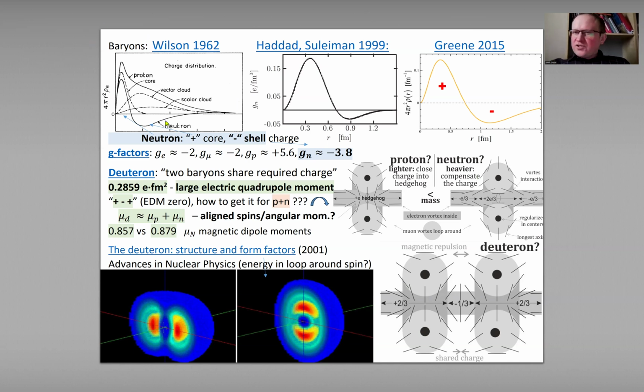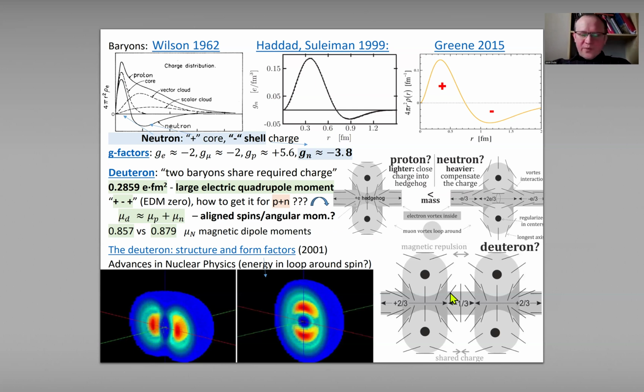Asking for the charge distribution inside baryons, here are some three articles claiming that the neutron has a positive core and a negative shell. Indeed, neutron has a positive core, negative shell, and indeed here we have for the neutron a positive core, negative shell. So it agrees with predictions.